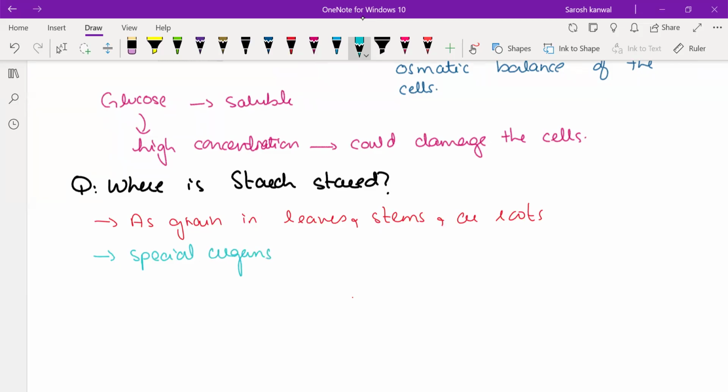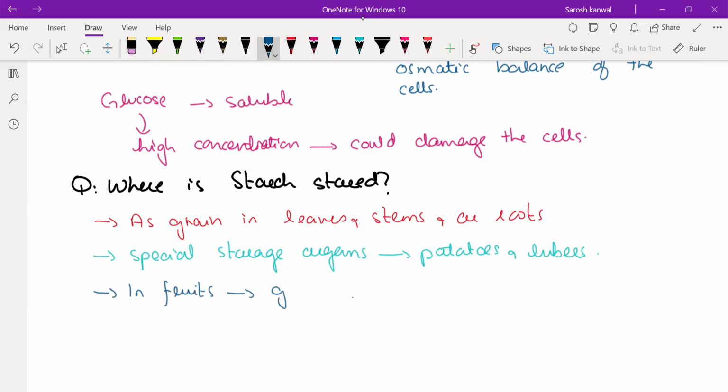Those could be special storage organs that are, suppose, potatoes, tubers, and it can be stored in fruits as well, right? Such as grapes. You know that grapes contain up to 25% sugars, right?